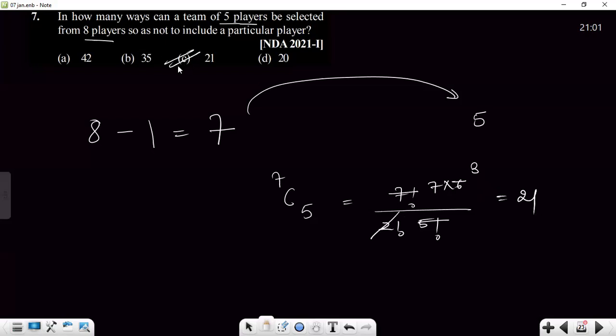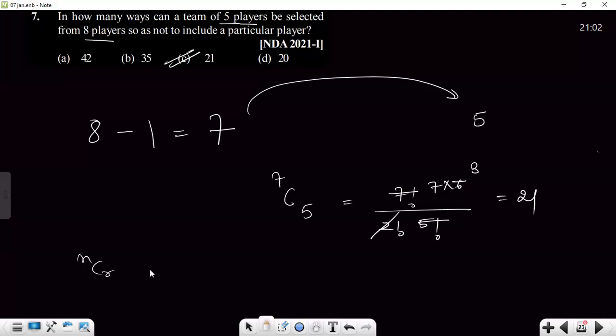There are 21 ways to make a team of 5, given that there are 8 players but we have to make the choice only from 7 players. Cool. Clear, everyone? Yes, sir.